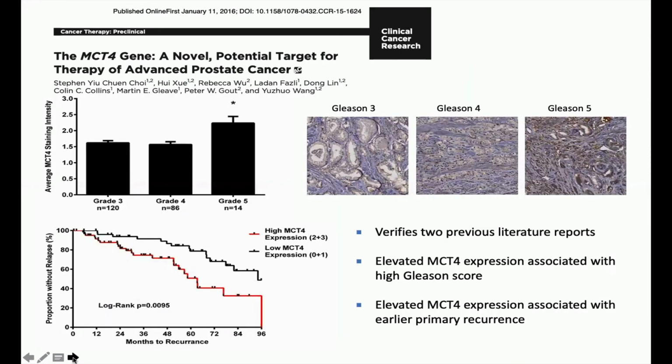In our lab, Stephen actually identified that the lactic acid is transported by a gene called MCT4. It seems relevant to multiple cancers. Here we only reported in prostate cancer.